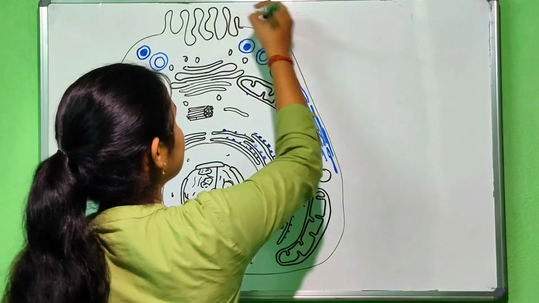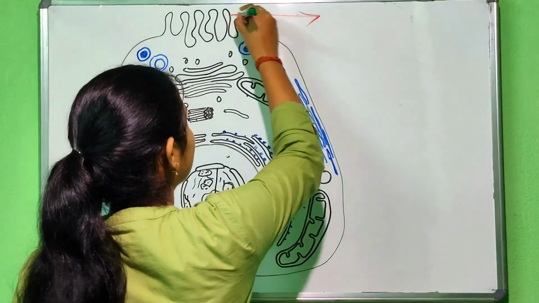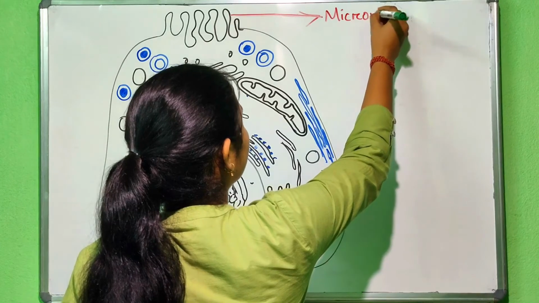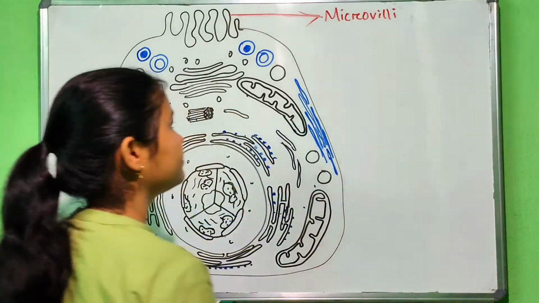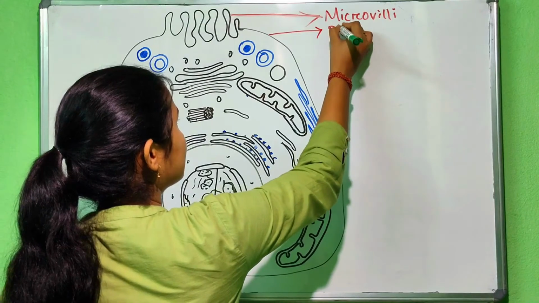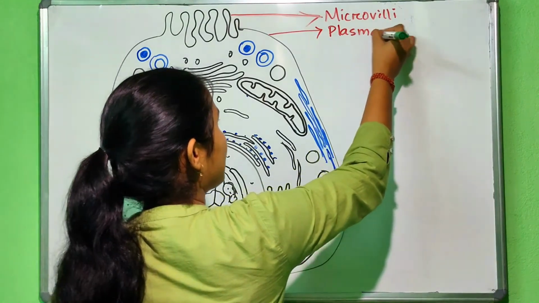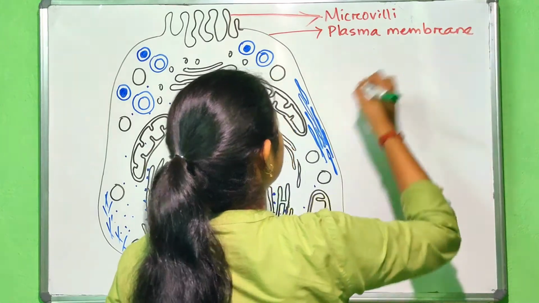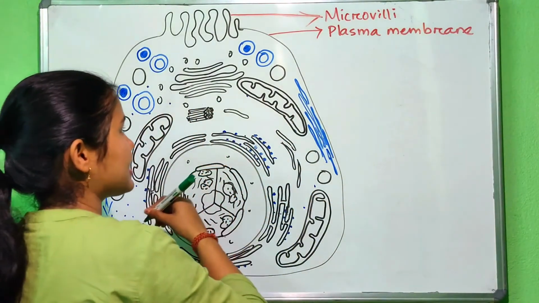So what is this? This is microvilli. This is plasma membrane, the outer wall of the animal cell.